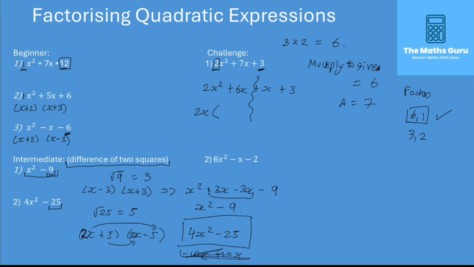Then to get from 2x to 2x squared, we can take out x. Then from 2x to 6x, we can take out 3, so x plus 3. Then, as you know, we use our bracket on this side, x plus 3. And how do we get from x plus 3 to x plus 3? Just times by 1. Then we do our 2x plus 1 from here, and get our x plus 3, and that is our two brackets.